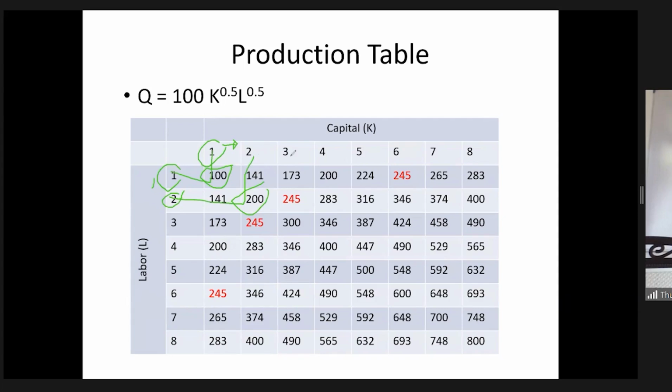Likewise, if you increase by another 50% here, it is becoming 300. Output also increased by 50%. If you increase another 25%, 3 into 4, and here also 3 into 4, our output also increased by 25%.